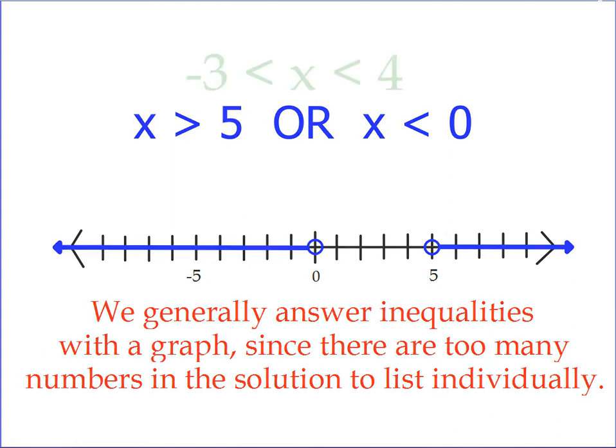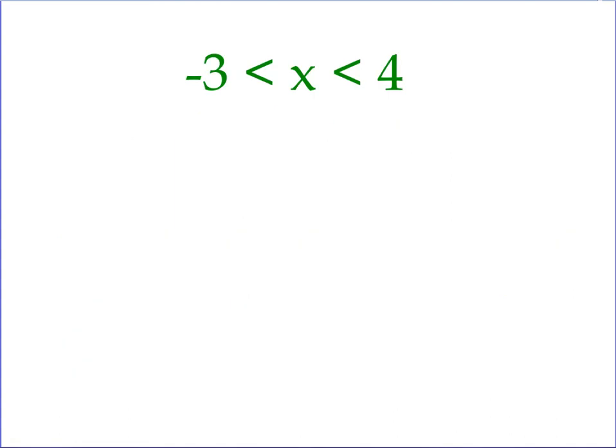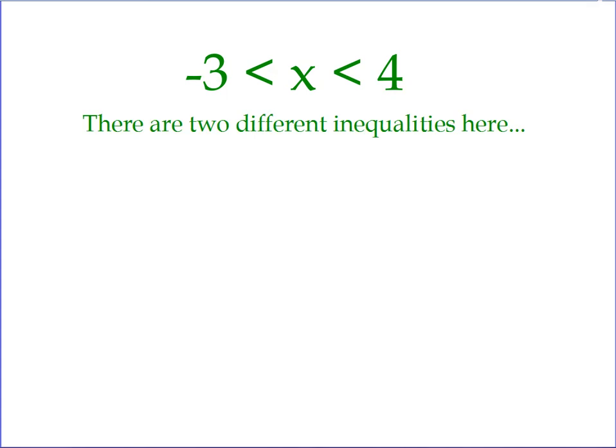Let's take a look at a different type of compound inequality. When you see an inequality written in this manner, it indicates that there are two inequalities represented. The first inequality is pretty simple to see. The second half of the inequality says x is less than 4.